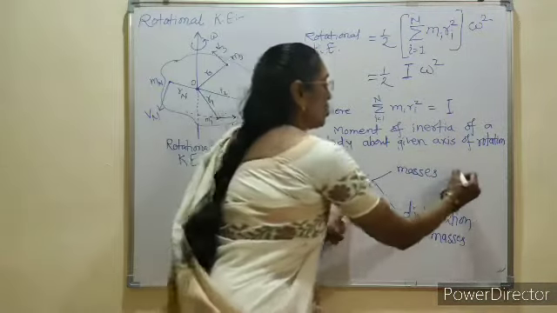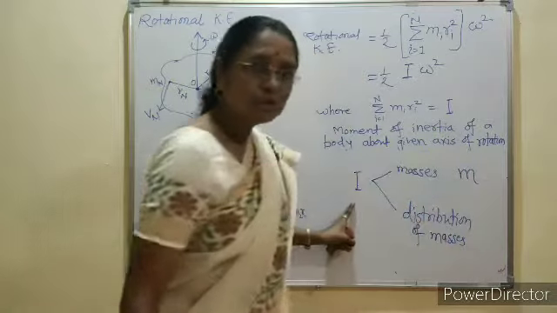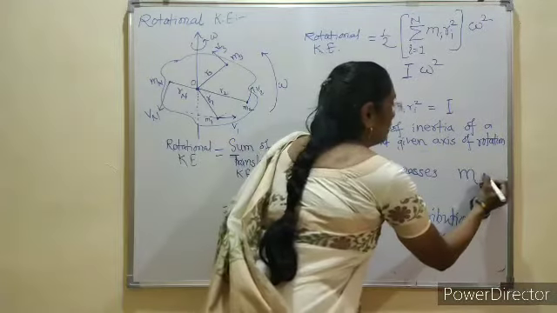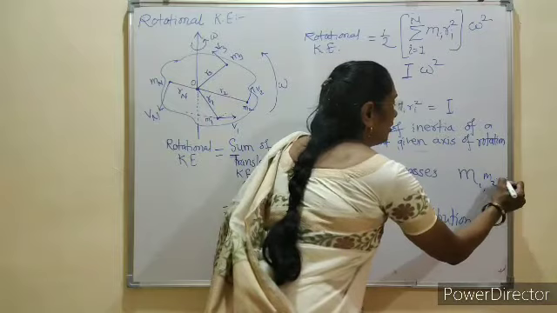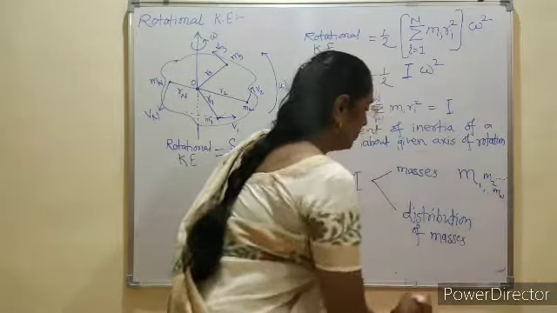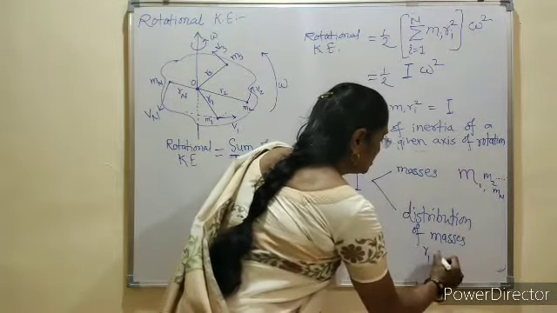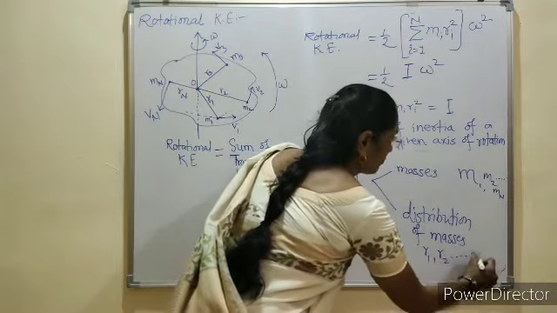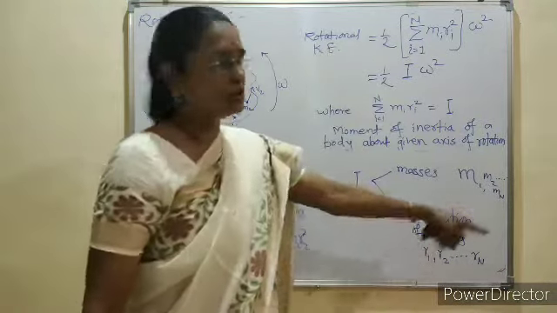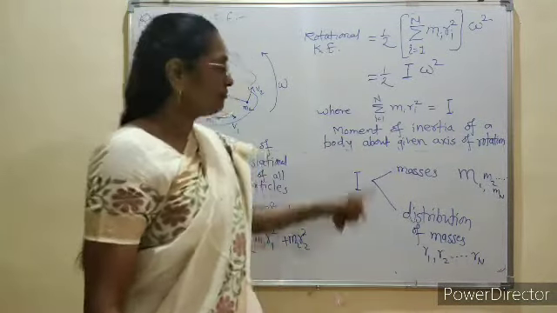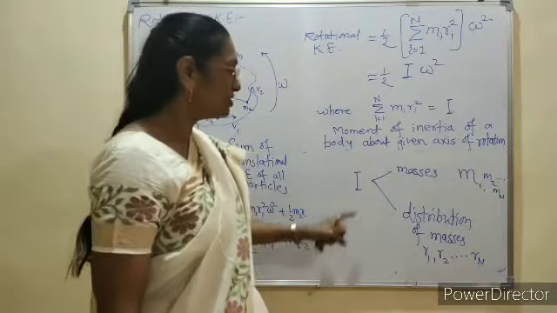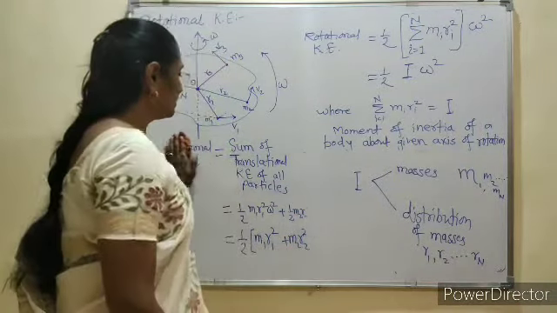So I depends on the mass of each particle, like M1, M2 up to Mn. It depends on distribution, meaning distances from the axis of rotation, R1, R2, Rn.